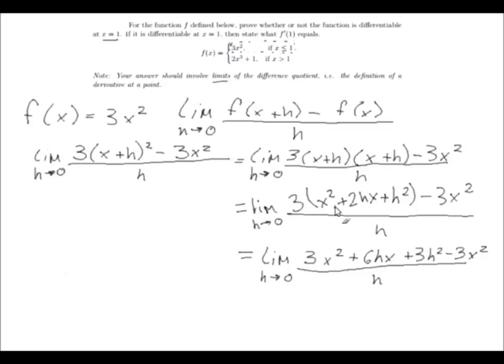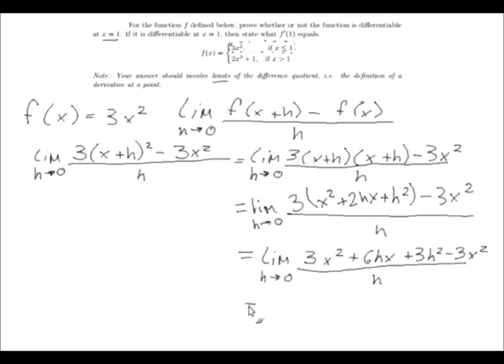Then through FOIL, x times x, x and h, h and x, and h and h gives us this. Then we use the distributive property to multiply each of the terms inside the parentheses, and now we notice that 3x squared appears twice, and there is a subtraction sign.